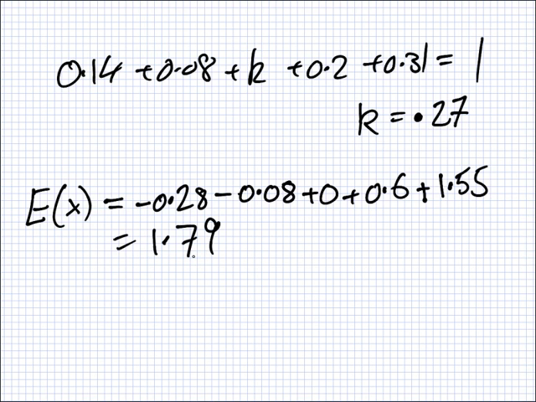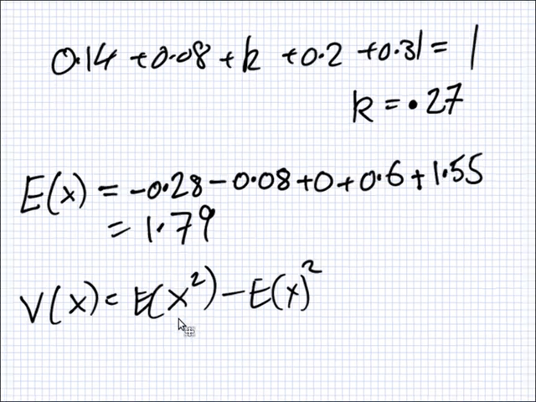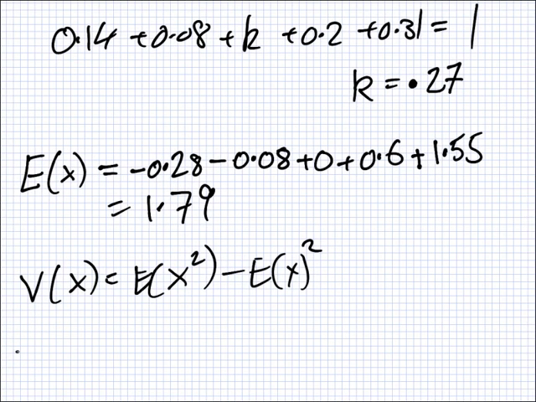Now, in order to calculate the standard deviation, we first need to calculate the variance. The variance of x is the expected value of x squared minus the expected value of x, then squared. So we need to work out the expected value of x squared.